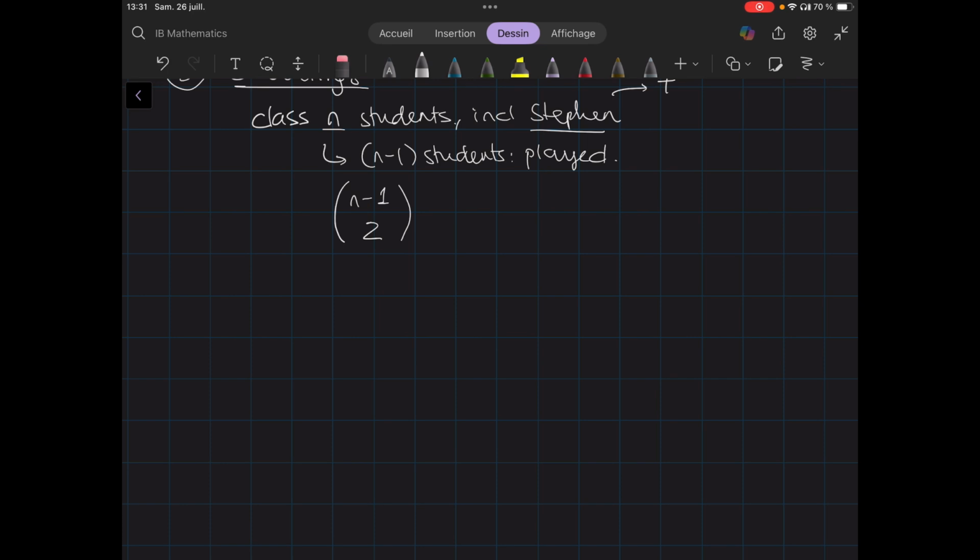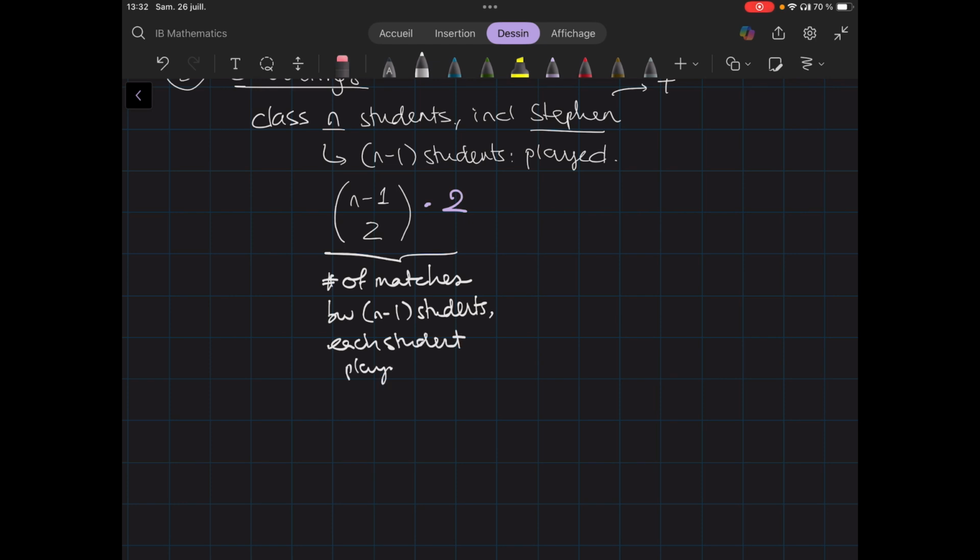Since every student in the class is to play every other student twice, we gotta multiply this by 2. This would give us the number of matches between n-1 students. Each student plays twice. Plus 7 matches that Stephen actually played. That will give you 513 in total.